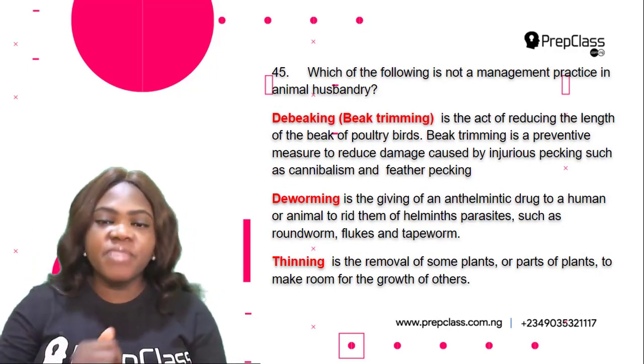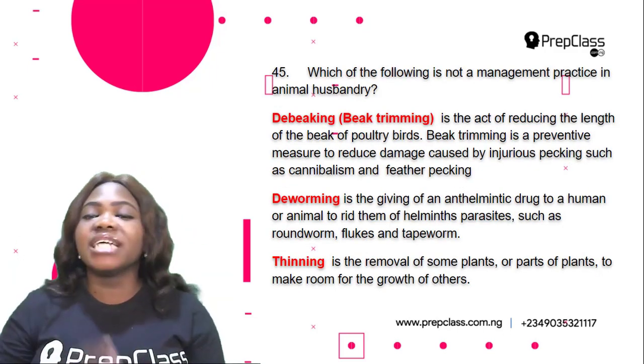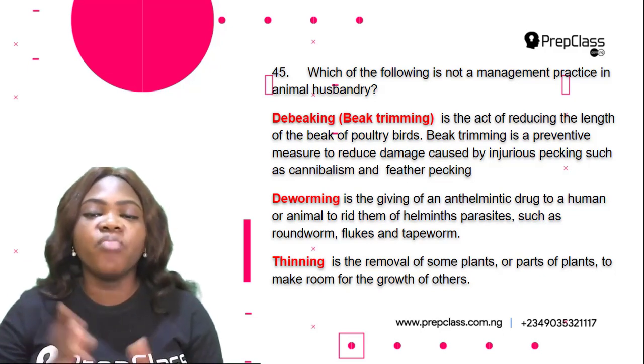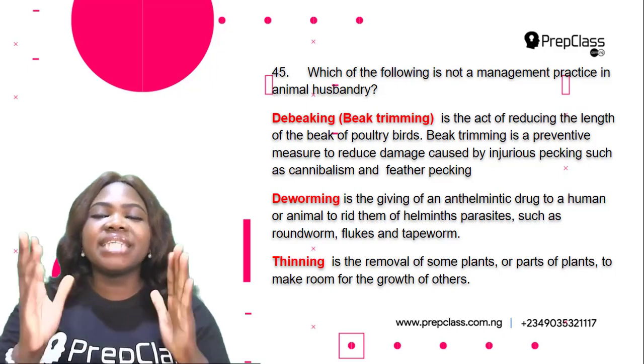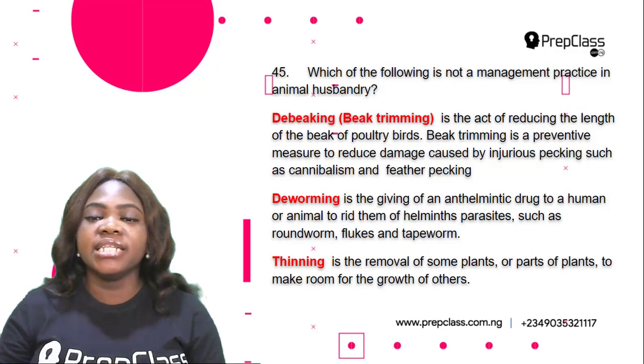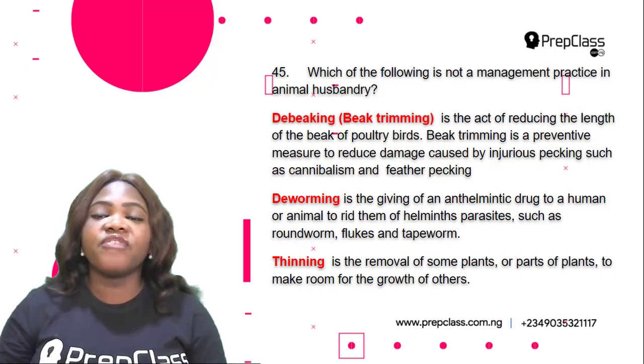Okay, so what about debeaking? Debeaking is also known as beak trimming. This is the act of reducing the length of the beak of poultry birds. Beak trimming is a preventive measure to reduce damage caused by injurious pecking, such as cannibalism and feather pecking.